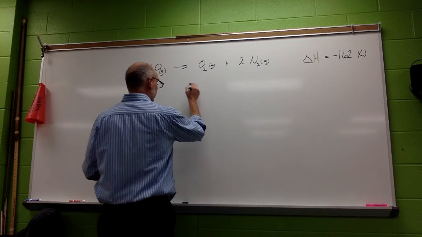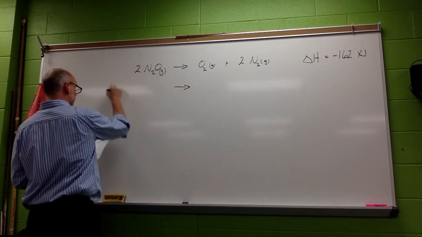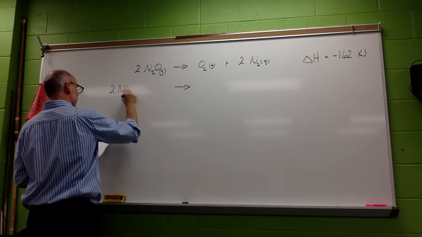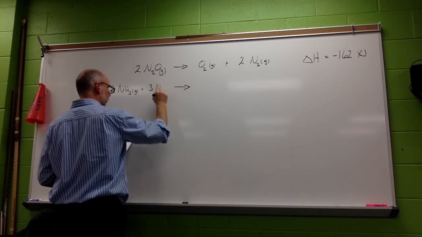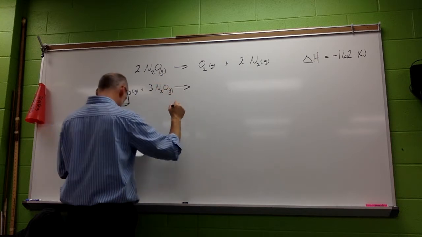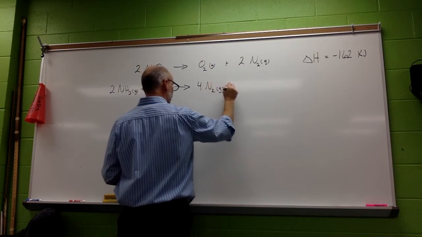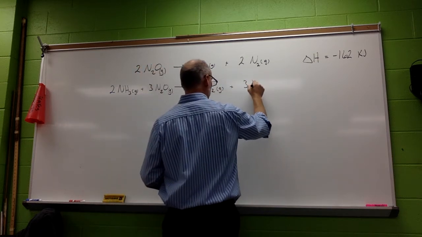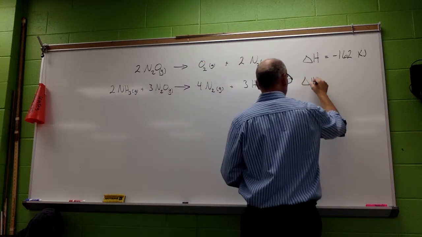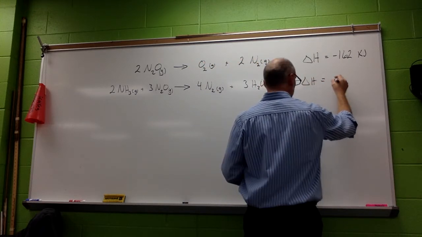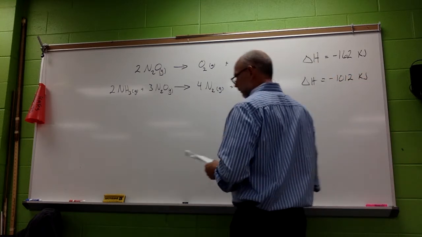The other reaction we're going to consider is 2 NH3, ammonia gas, plus 3 N2O, yielding 4 N2 plus 3 H2O liquid. The enthalpy for this process is known to be negative 1012 kilojoules per mole.